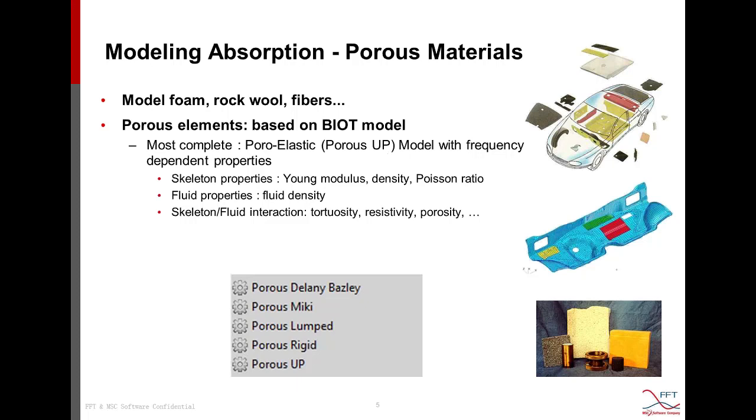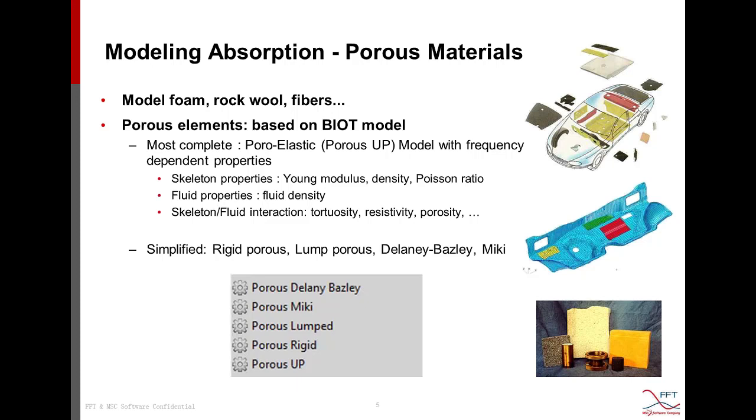So UP models both the skeleton phase and the pressure phase by using the complete set of Biot properties. Now, when some properties are missing, we can still use simplified formulations.